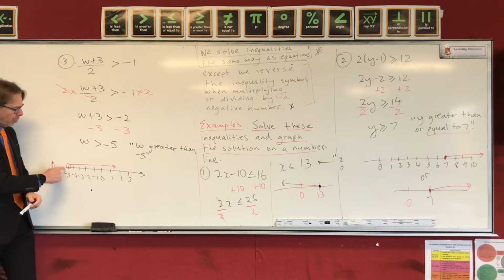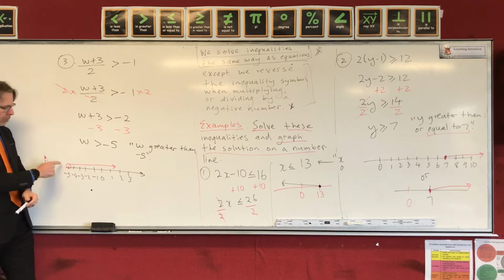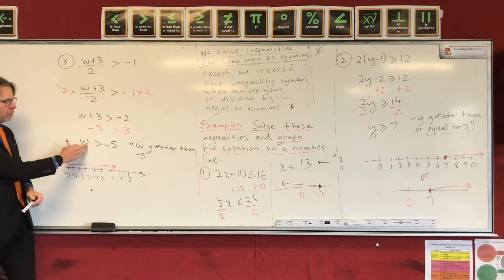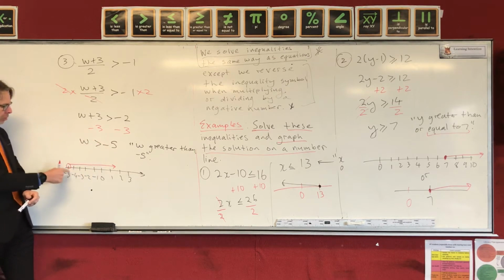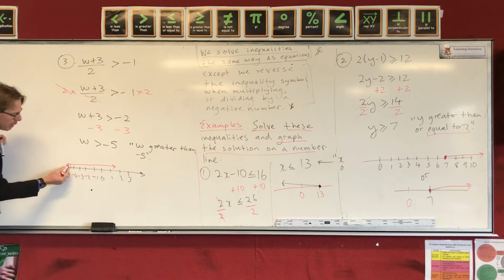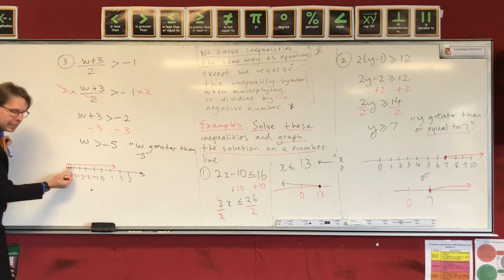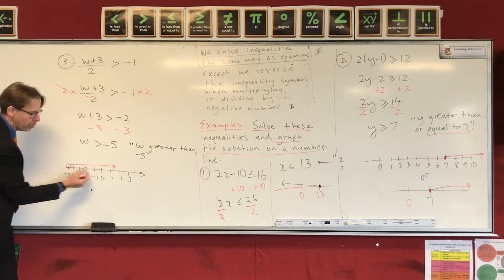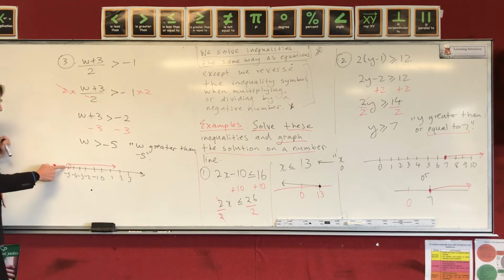So put an open circle at minus 5 because minus 5 is not included. W is not equal to minus 5, so you must show there's an open circle there. And everything after minus 5 is included. So even all the numbers in between minus 5 and minus 4 are also included. But minus 5 is not included, so put an open circle.